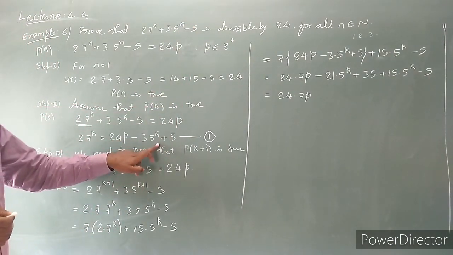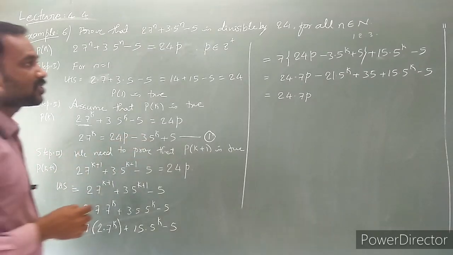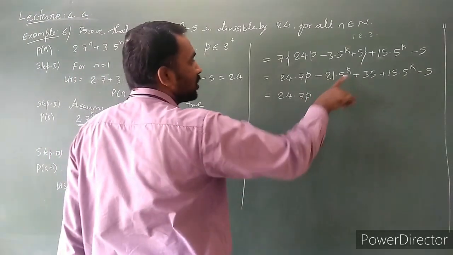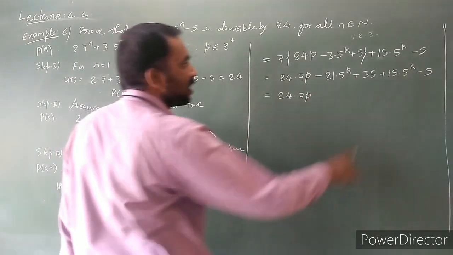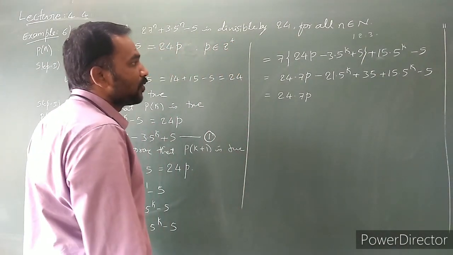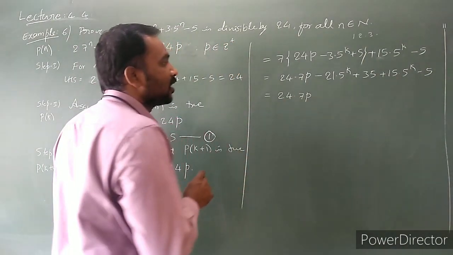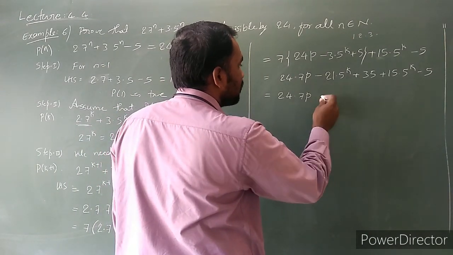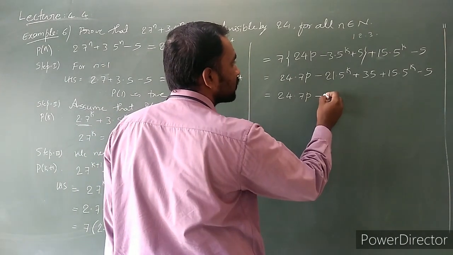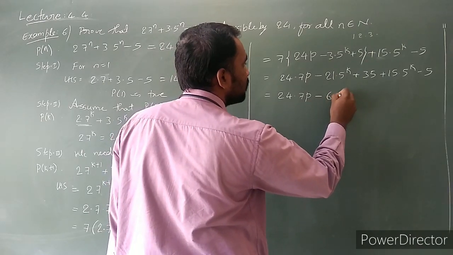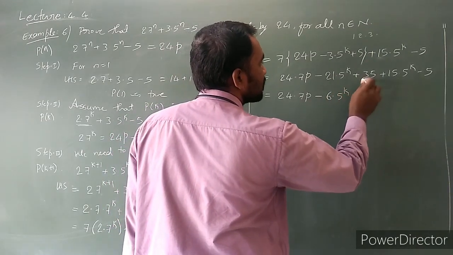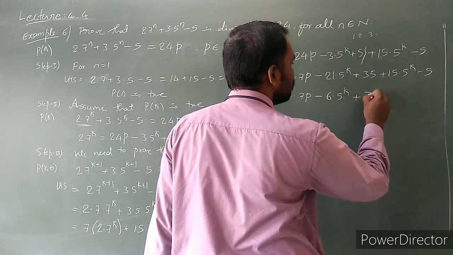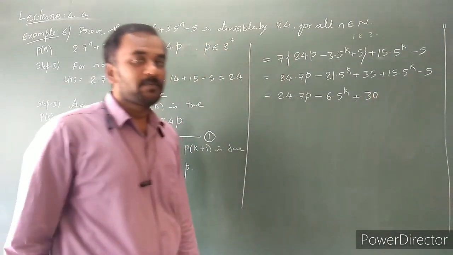Minus 21 plus 15 is minus 6 times of 5 power k, plus 35 minus 5 is plus 30.